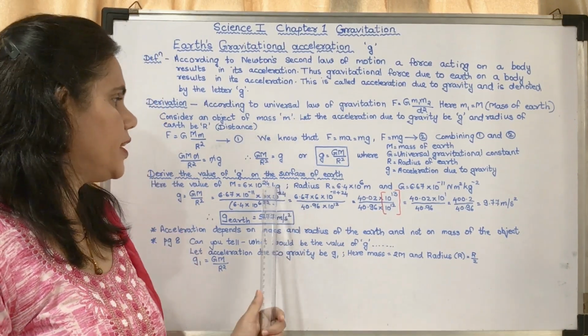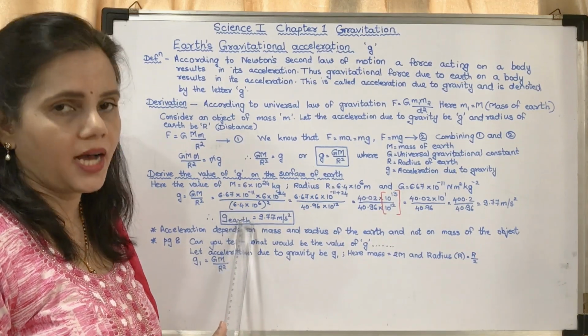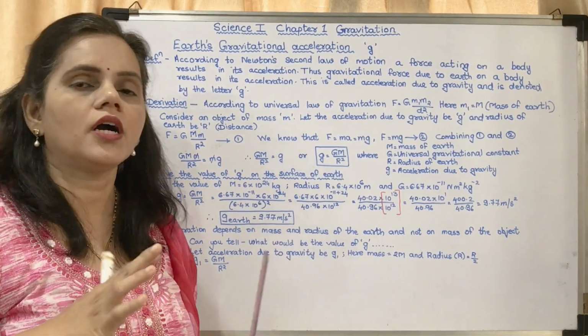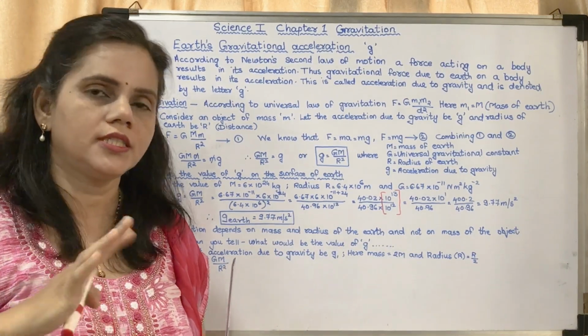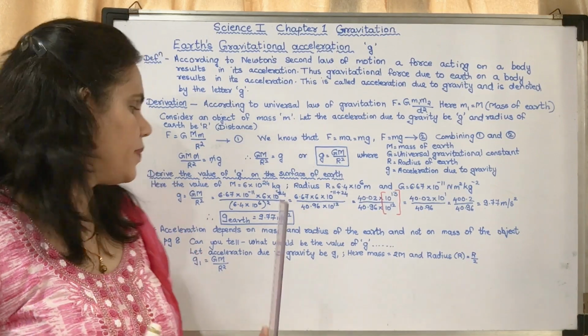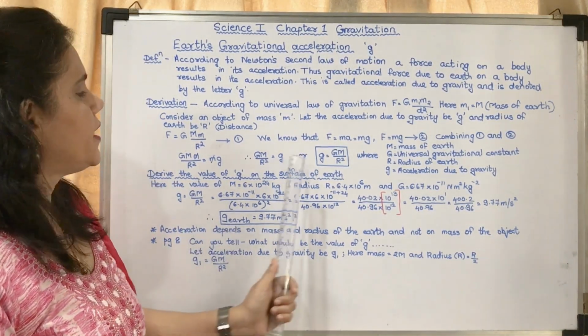Now if you are going to calculate g on moon or g on Mars, the value of M and R will change. So accordingly g on moon and g on Mars will be different. Okay. Now acceleration. So what is the equation to find out g?